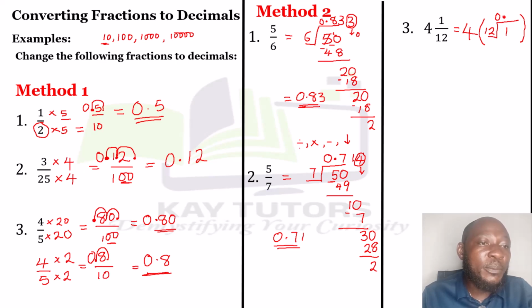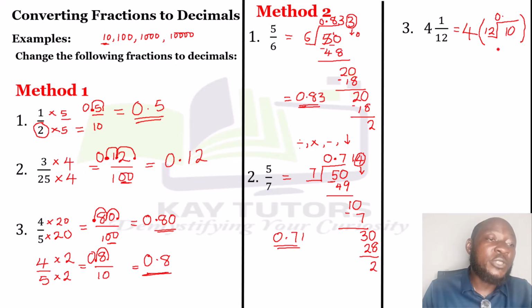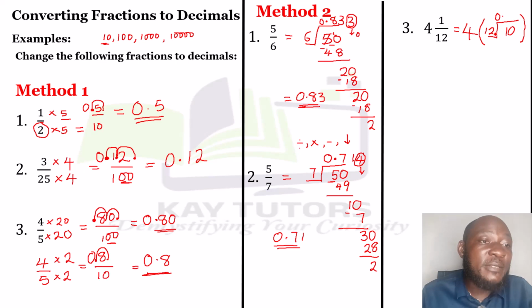And as you are putting your point it is being accompanied by a 0. So you add your 0 to the dividend. 12 can still not go into 10. 12 will go into 10 0 times. 0 times 12 is 0. Then you subtract and you get your 10.